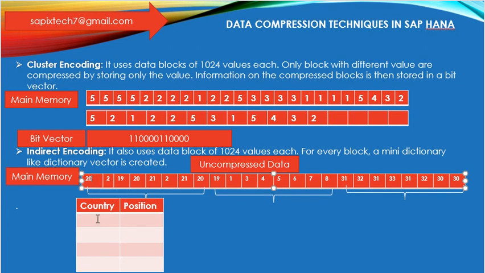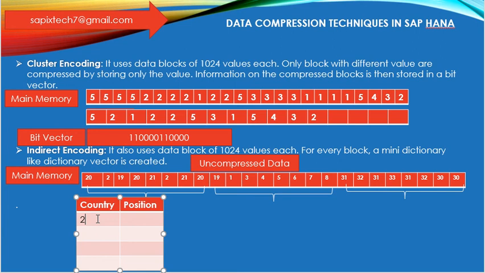If I sort it, 2 will come first, then after 2 comes 19, after 19 comes 20, and after 20 comes 21.